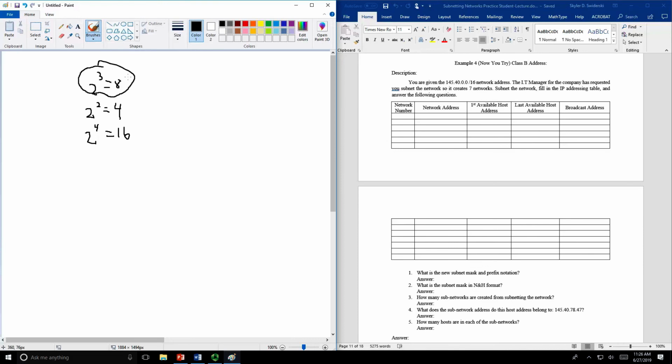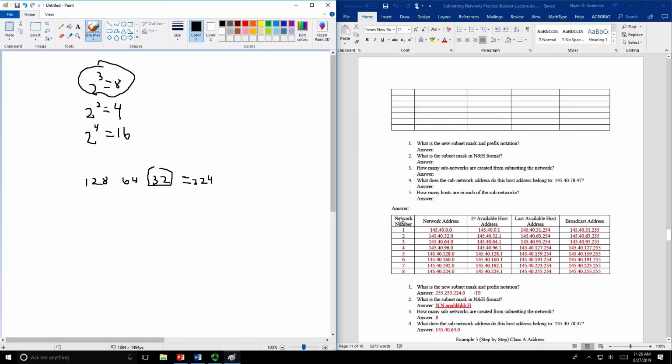That satisfies the minimum requirement, but does not go significantly over the network amount. So since we took 3 bits, remember 128, 64, 32, equivalent to 224, and incrementing by 32.